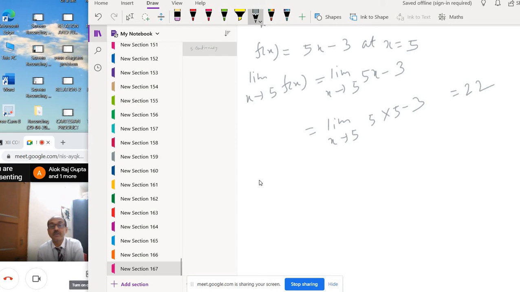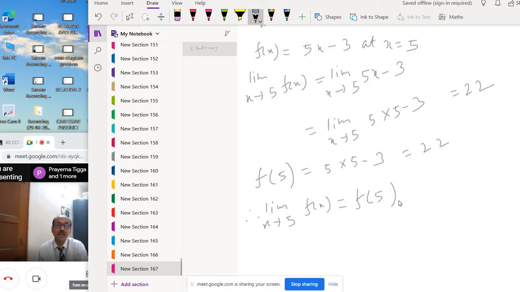Now directly, without limit, the value at x equal to 5. So f of 5 equal to 5 into 5 minus 3. So 25 minus 3 is 22. Okay. So both are 22. Therefore, limit x tends to 5 of f(x) equal to f of 5.